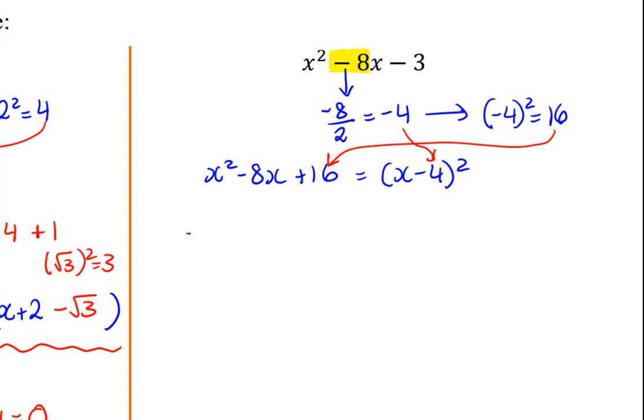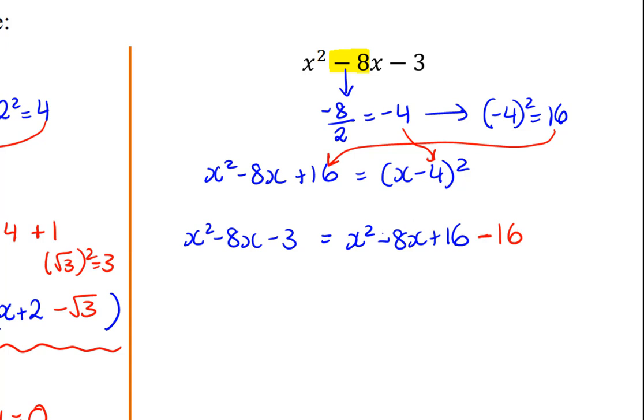I now go, okay, well, I want to actually factorize x squared minus 8x minus 3. I know how to factorize x squared take 8x plus 16. So I try to make those two sides the same. So I take away the 16, so it's 0.